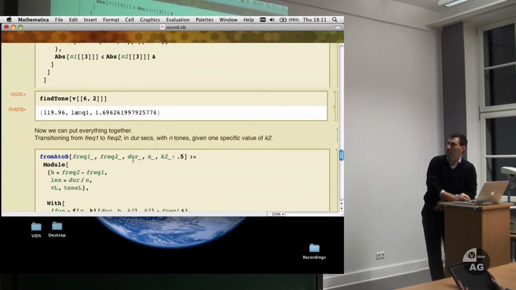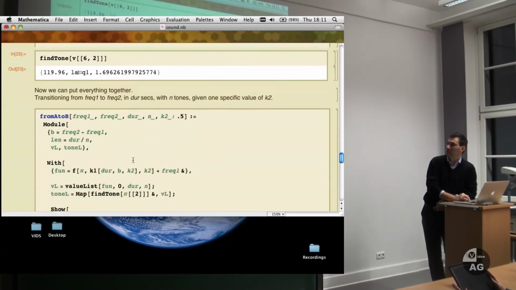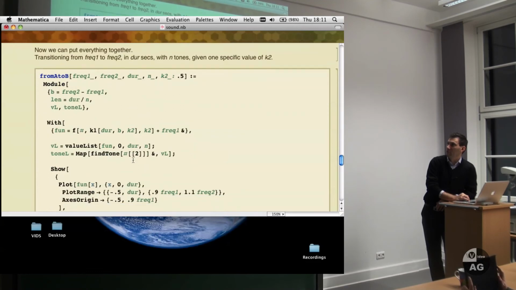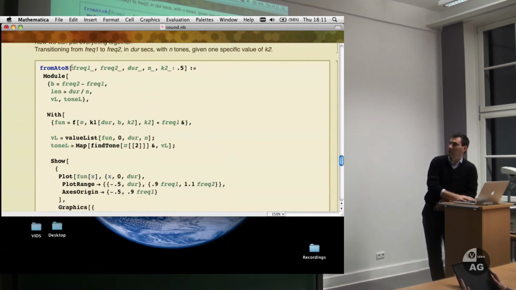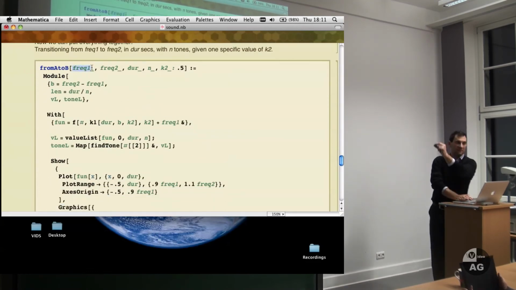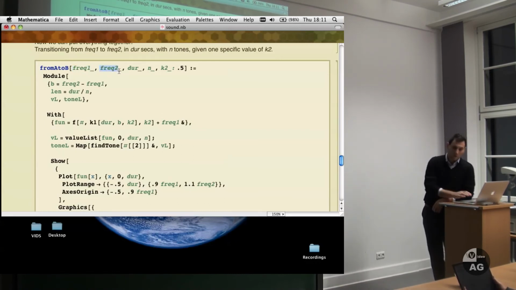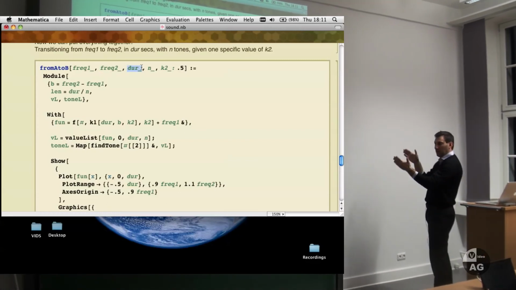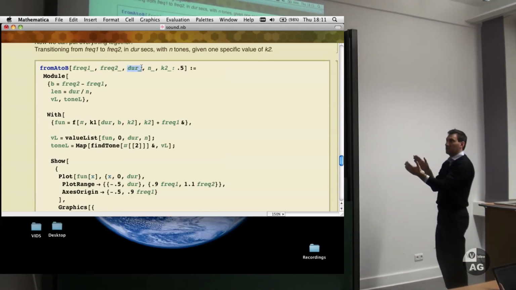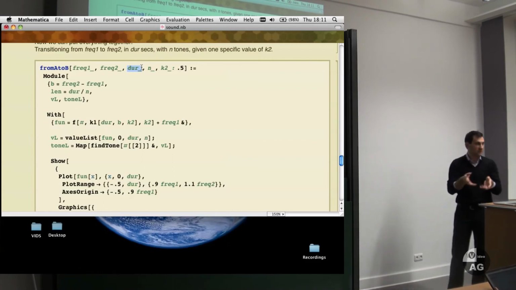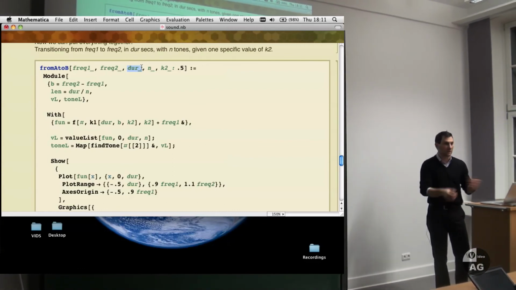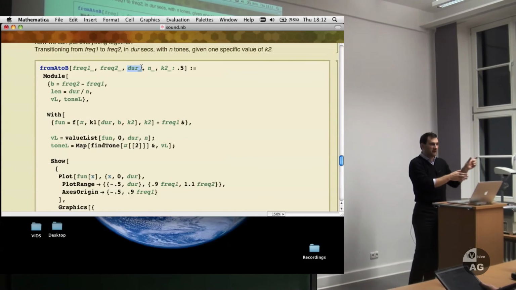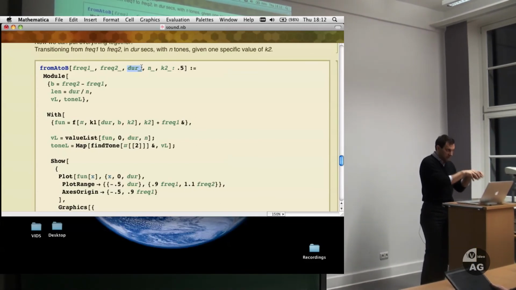So now we can put everything together, and I have this long function. What does it do? We start from one particular frequency on the left. We have an arrival frequency on the right. We have a duration. What does it mean? It tells me how long is this transition. Remember, this is an actual piece of music, or sort of, so 1 second, if we divide it into 10 parts, it means that this guy within 1 second has to play 10 notes.